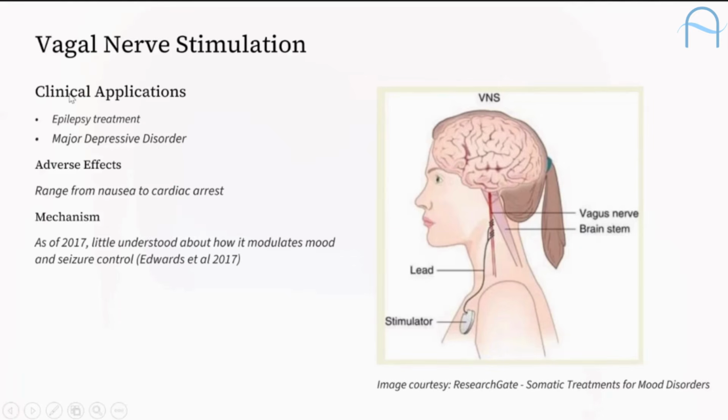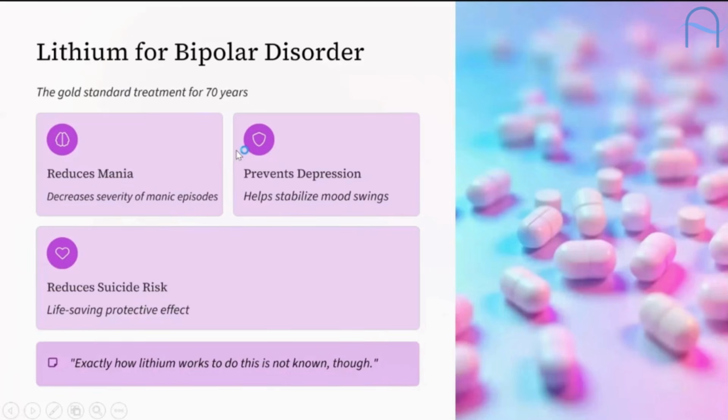The same vagus nerve controls cardiac function. It controls your heart. If you overstimulate the vagus nerve, it will slow down the heart. It can even lead to cardiac arrest. It will completely stop the heart. So it's quite a dangerous treatment. But using this approach, people try to fix both epilepsy and depression. So why does it work? We don't know. We do it just because it works.